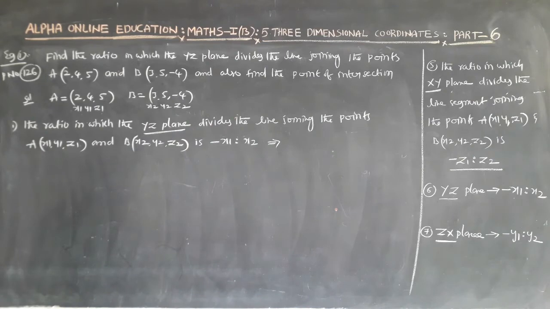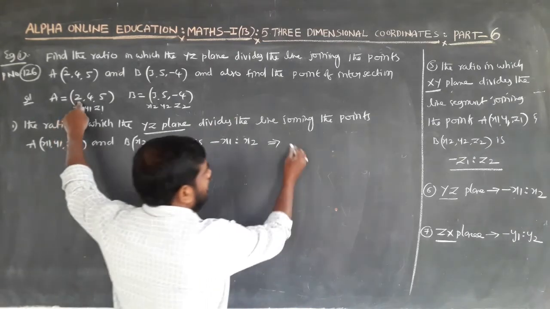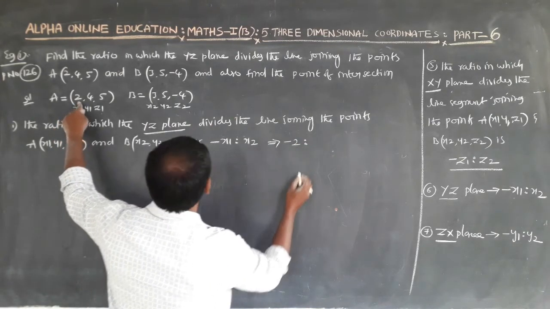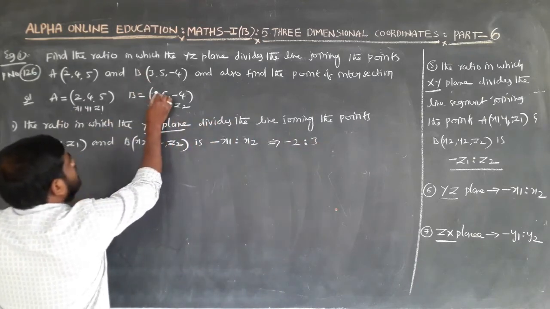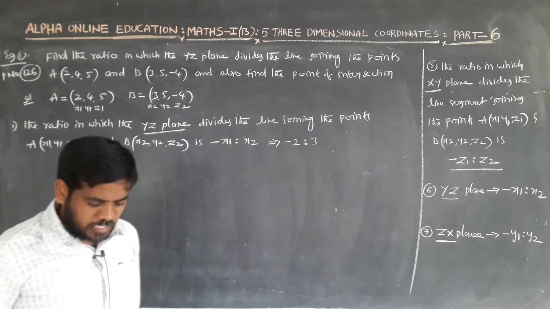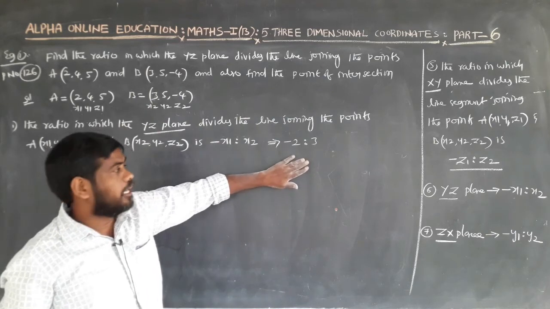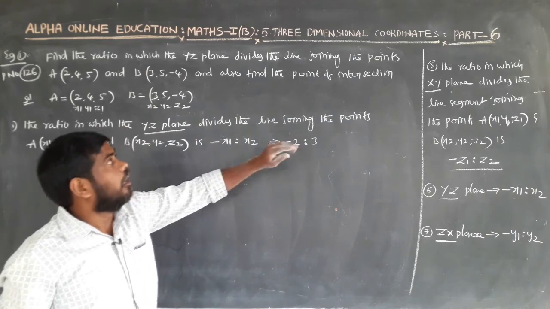With x1 = 2 and x2 = 3, minus 2 is to 3 is the answer.